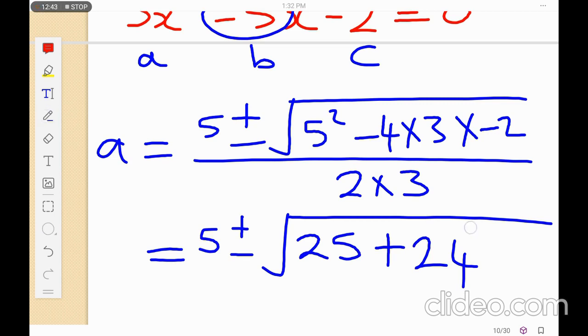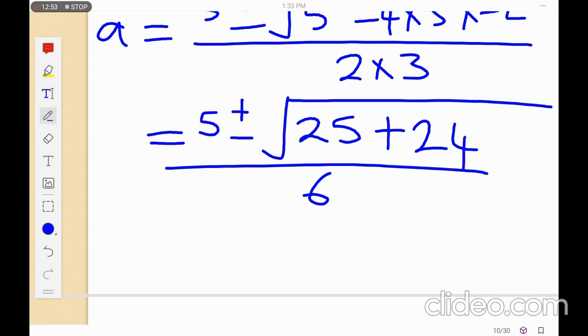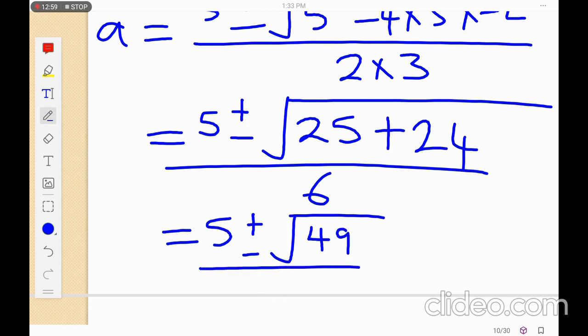Okay, then this is all over 6. Okay, so 24 plus 25, I get 49. So I have here is equal to 5 plus or minus square root of 49 over 6, like that.